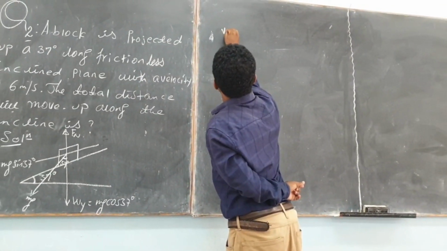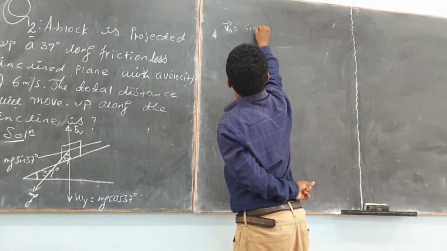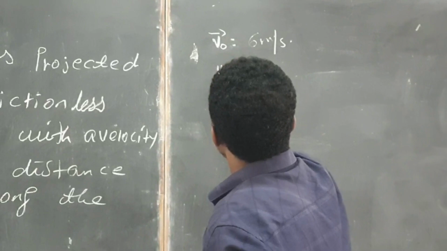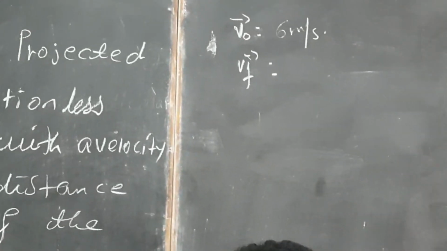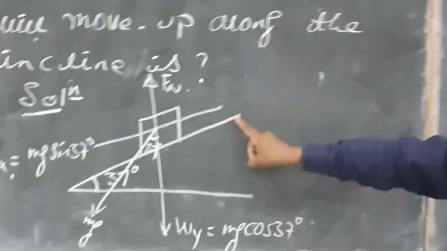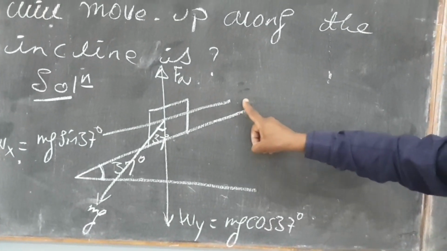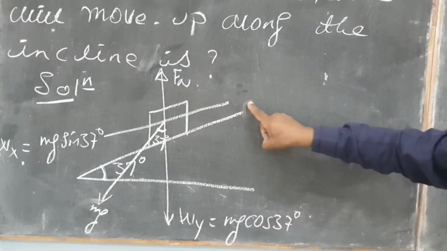V initial is given, that is 6 meters per second. And V final is also given. At the end of this journey, while it arrives at the end of the inclined plane, it comes to a stop.